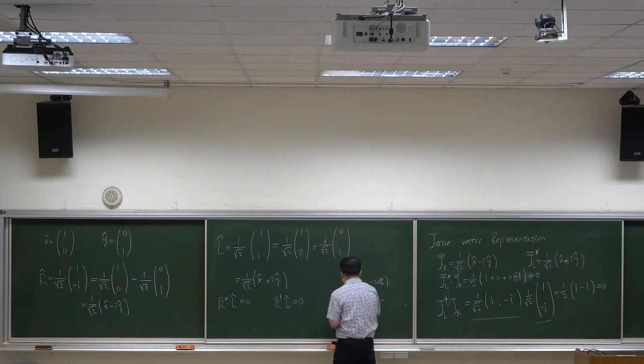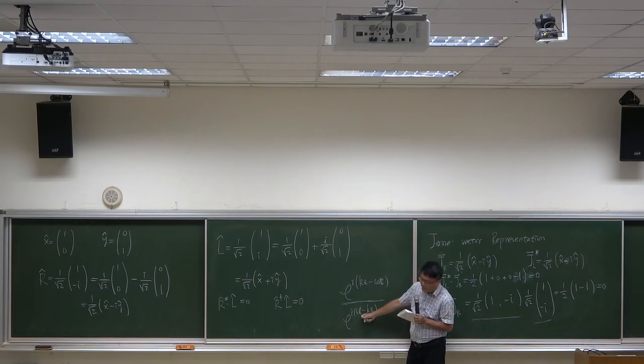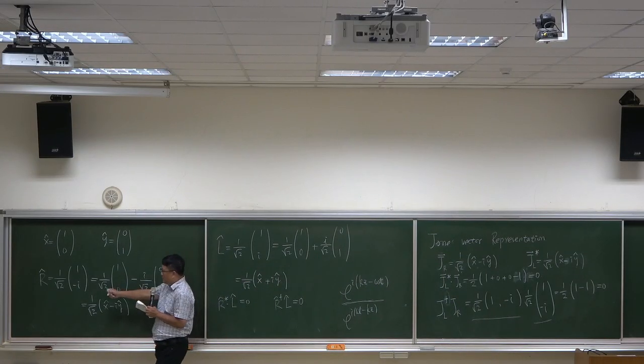However, in this textbook, we adopt this convention: positive coefficient for time and negative coefficient for space, then we get this minus i, positive i.